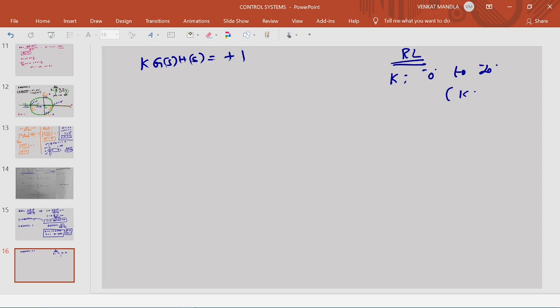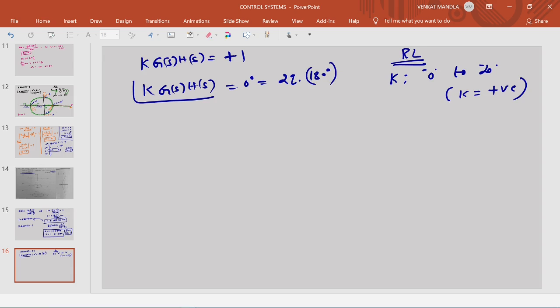That is, K is positive here. If K is positive, that is plus 1, and here also plus 1 is there. So you will get 0 degrees or even multiples of 180 degrees as the angle criterion.